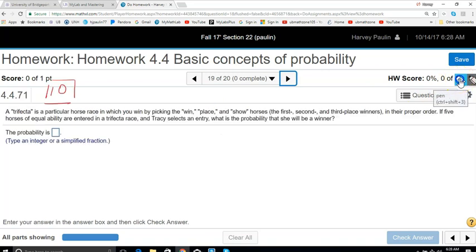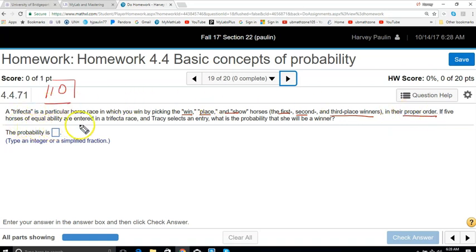Now for number 10, we have to dig into our tool bag. A trifecta is a particular horse race in which you pick win, place, and show. That is the first, second, and third place winners in their proper order.